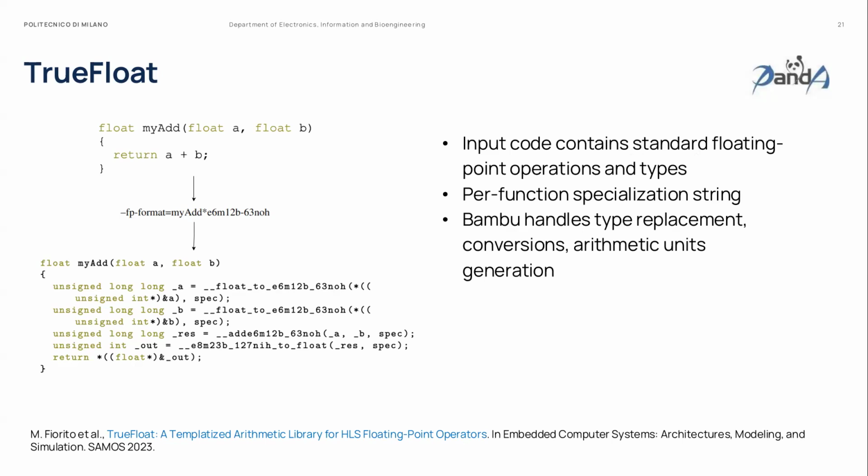Within Bambu, the IR gets transformed into something that converts from the floating point inputs to the required data type, and then uses that data type to make the add operation. The result is stored as an unsigned long int, because that's the smallest integer where this amount of bits fits, I think.